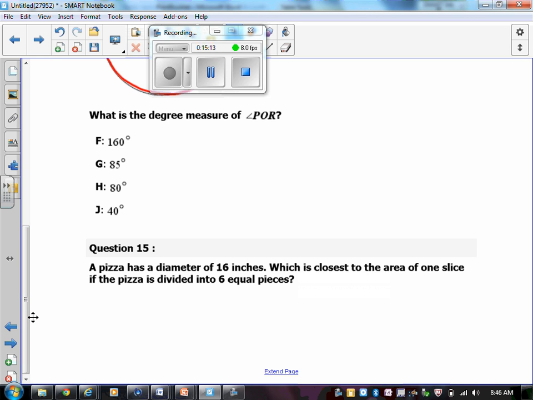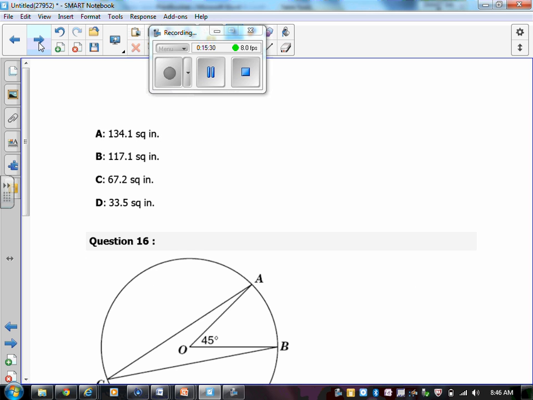A pizza has a diameter of 16 inches. Which is closest to the area of one slice if the pizza is divided into six equal pieces? So I'm looking for the area of one slice. So this is the key point. All I have to do is find the area of the whole circle and divide it by 6.